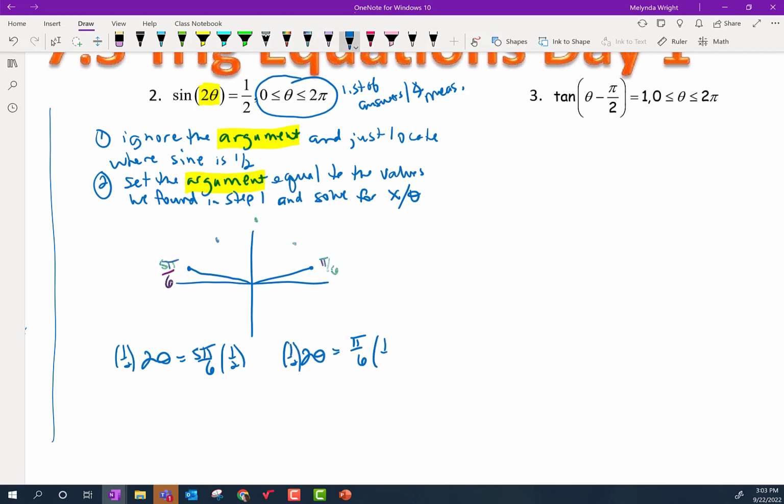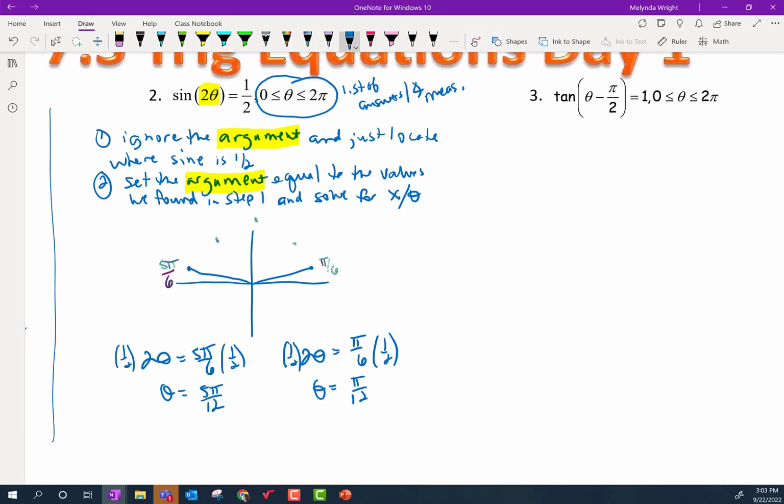You can do either one you want. You're going to get the same answer. So theta is 5 pi over 6 times 1/2, which is 5 pi over 12, or theta is pi over 6 times 1/2, which is pi over 12. Now the caution here is, these are answers, but they want all the answers between 0 and 2 pi.